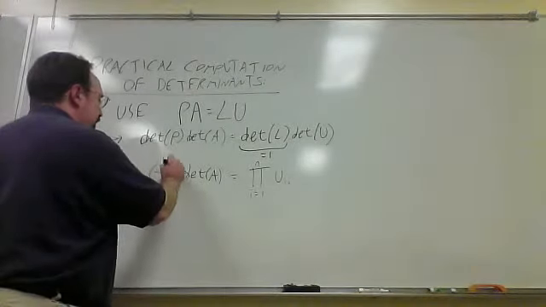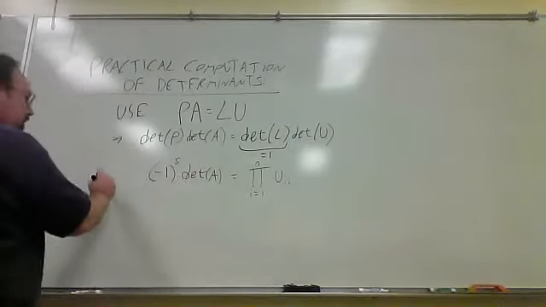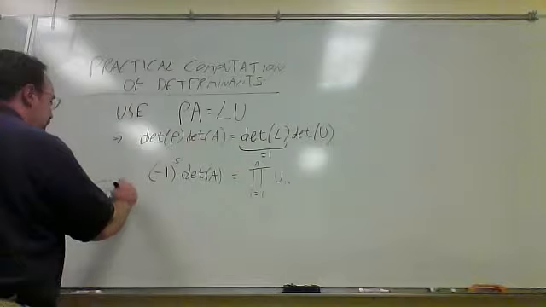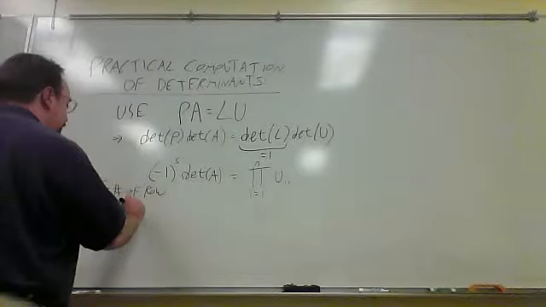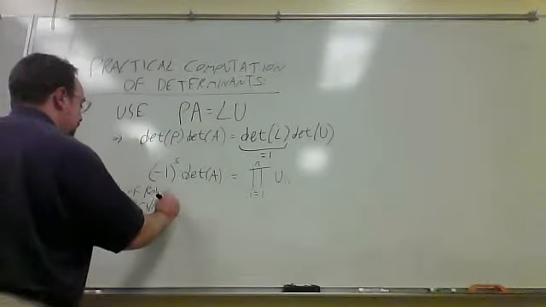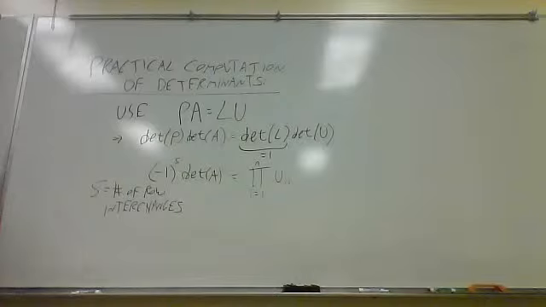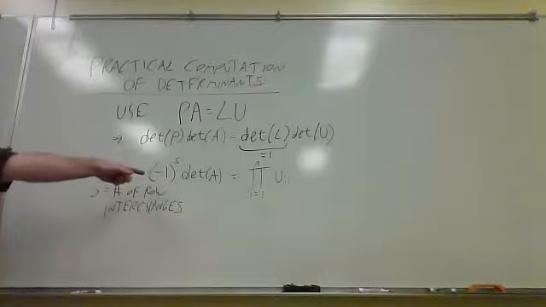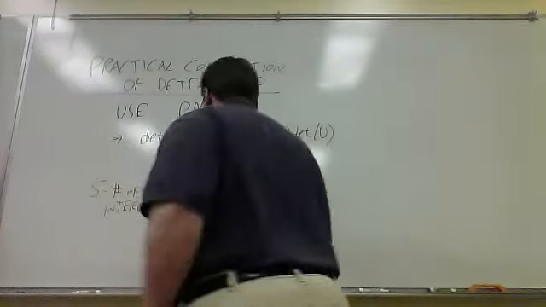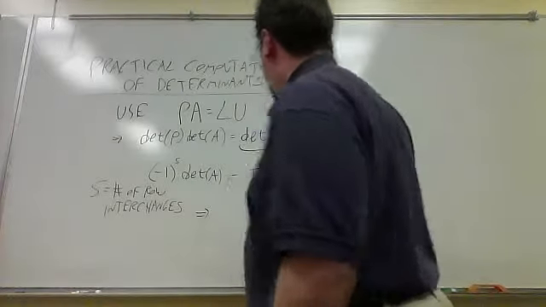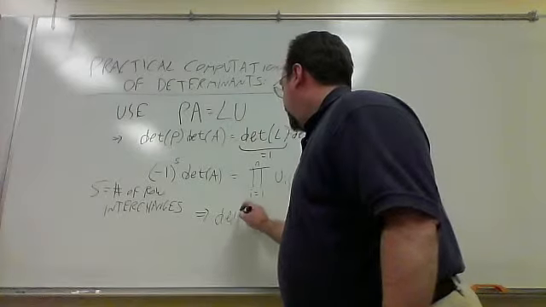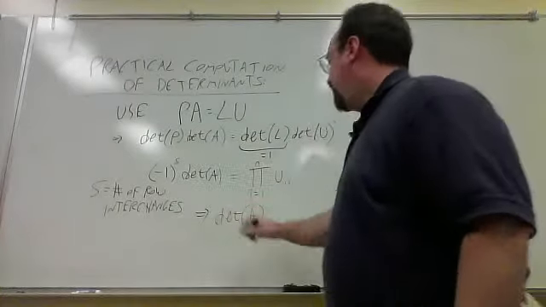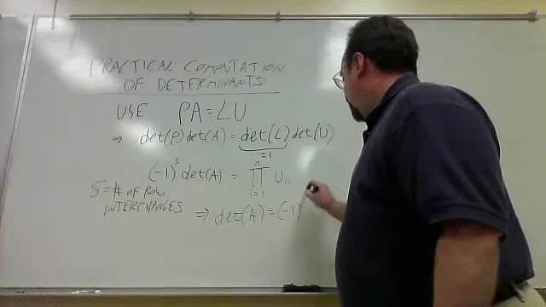It's minus 1 to the S, where S is the number of row interchanges that have been performed during Gaussian elimination with pivoting. Because every time you interchange rows of a matrix, that changes the sign of the determinant. So we're just looking at the number of sign changes right here. As a result, we now have a simple formula for the determinant of A after carrying out Gaussian elimination with pivoting. So I just move this to the other side, which actually doesn't change it at all.